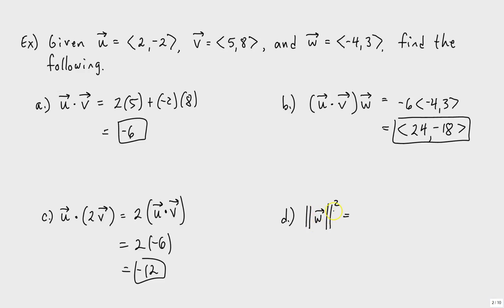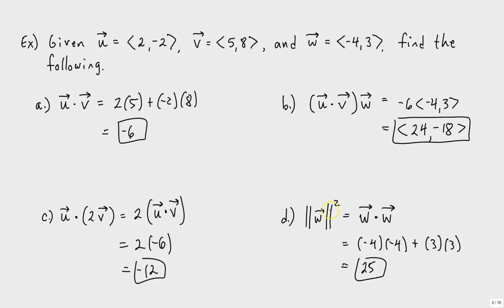And the magnitude squared is the same thing as the vector dotted with itself, I guess would be a better way to say that. So vector w dot vector w. So let's see, that'd be negative 4 times negative 4 plus 3 times 3. So it'd be 16 and 9, that'd be 25.